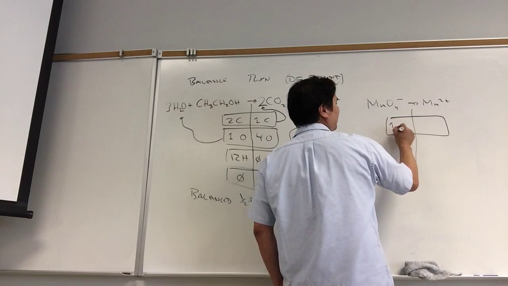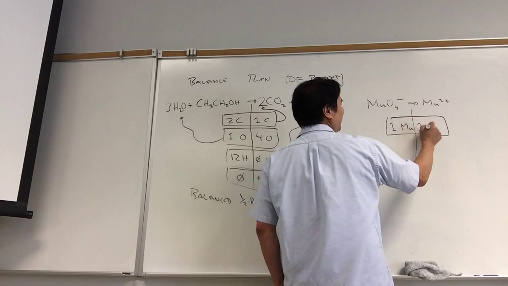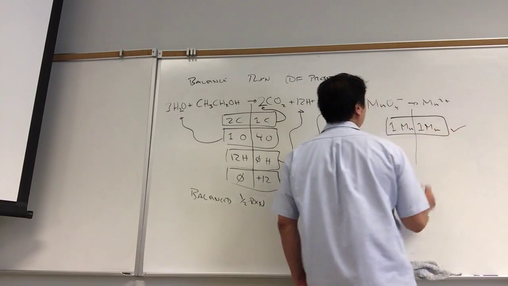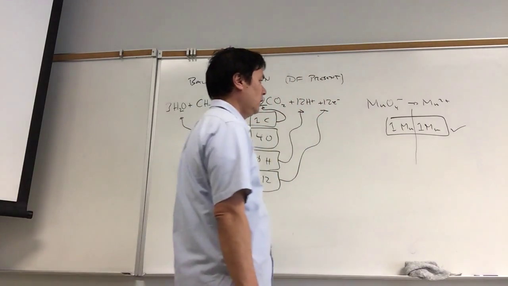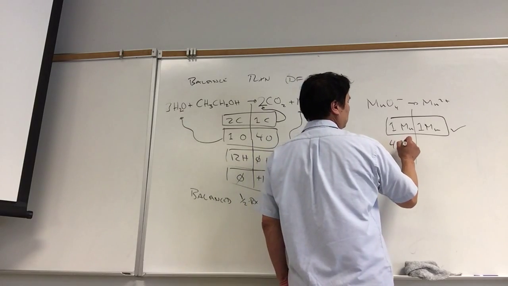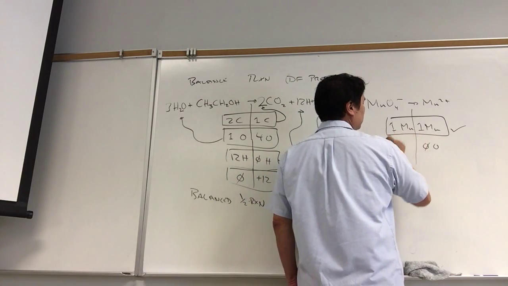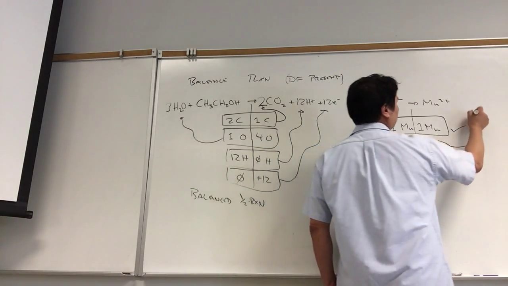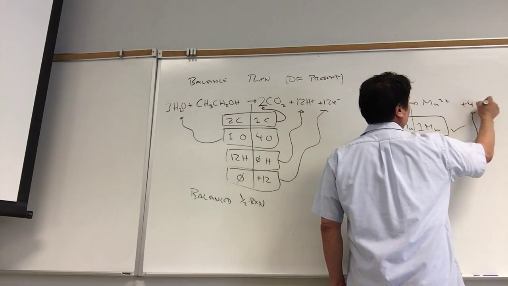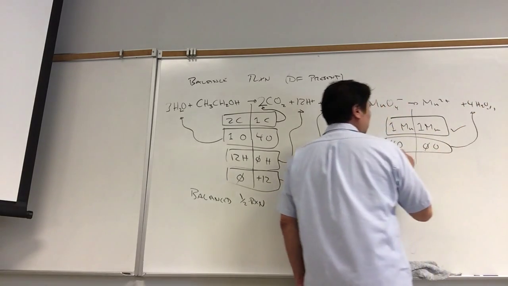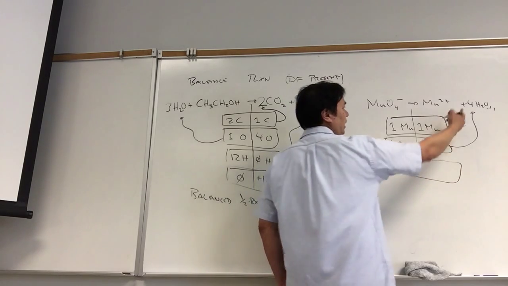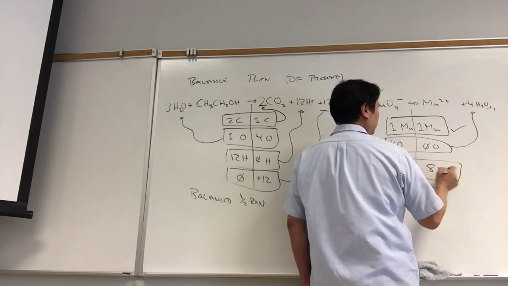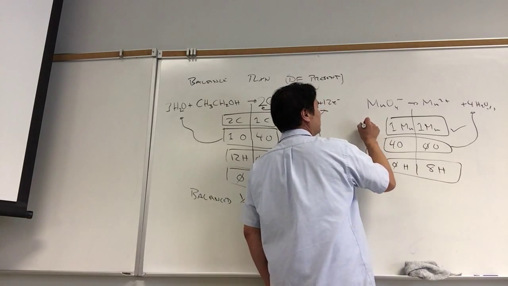We have 1 manganese and 1 manganese, and so the manganeses are balanced. Then 4 oxygens on the left and no oxygens on the right, so I need 4 waters. Then let's do the hydrogens. 0 hydrogens on the left, 8 hydrogens on the right. And so I'll need 8 H+ over here.